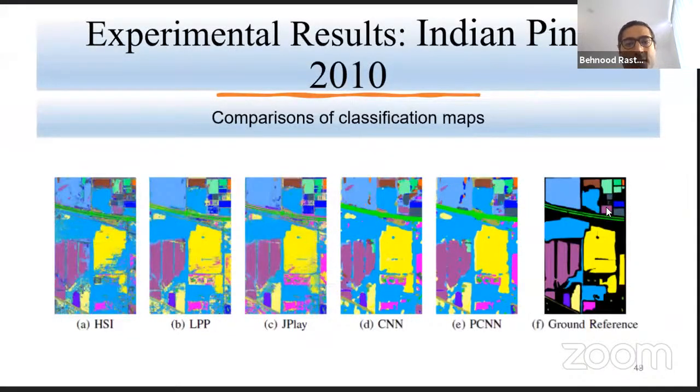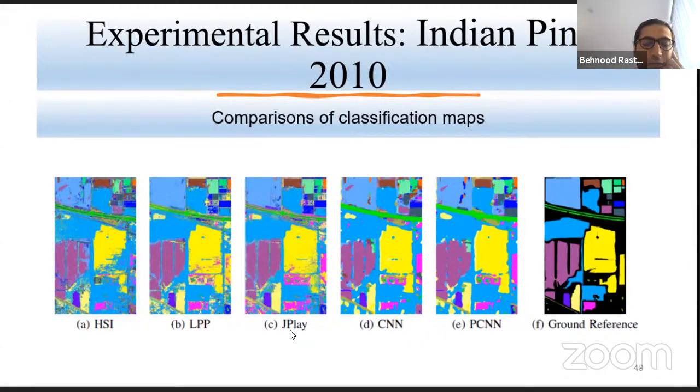So here you can see the comparison of the classification maps, and we also compare with the ground reference that we had, in this case for Indian Pines 2010. We have the results of applying RF on hyperspectral bands, which is not as good as the others, and then LPPP, which gave the highest accuracy for unsupervised feature extraction techniques.